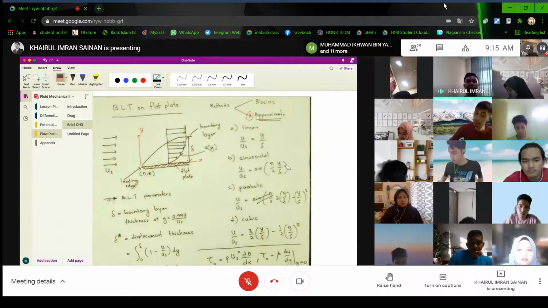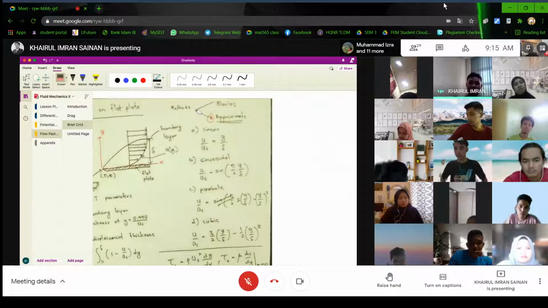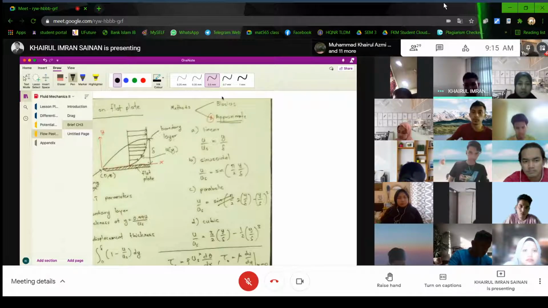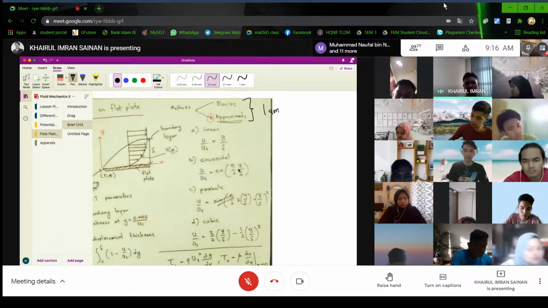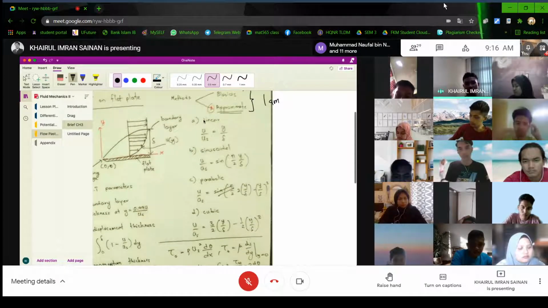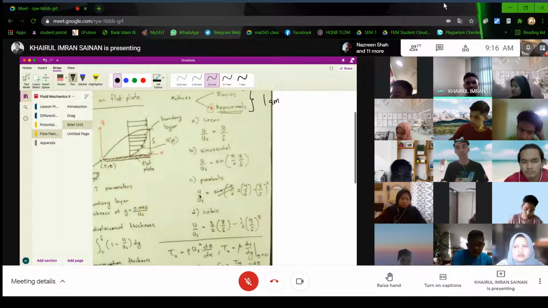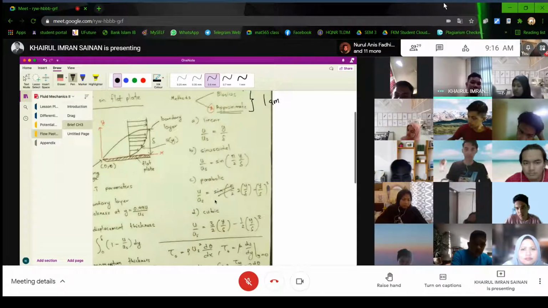Okay. So now I'm talking about the equation itself. We have the approximate approach and the Blasius approach. These two are for laminar flow. As you can see here, approach A, meaning this one, you're going to do linear, sinusoidal, parabolic, and cubic.